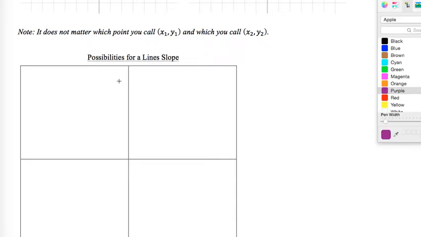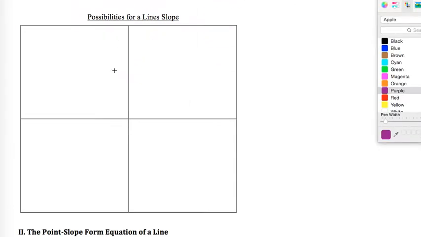So there's essentially four different basic possibilities for the slope of the line. You could have a really steep positive slope like we did in the previous example. In that case, m would be greater than 1, both because it's positive because the line is going up as you go from left to right, and also because it's really steep.